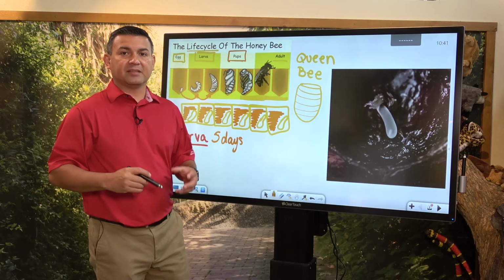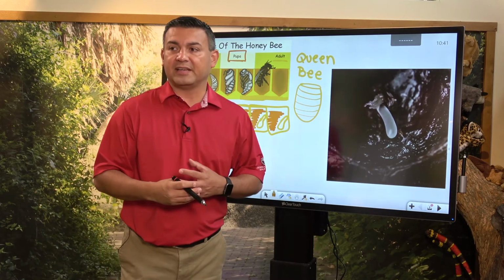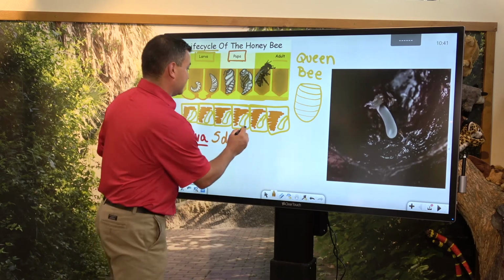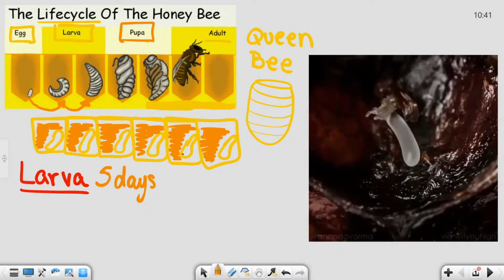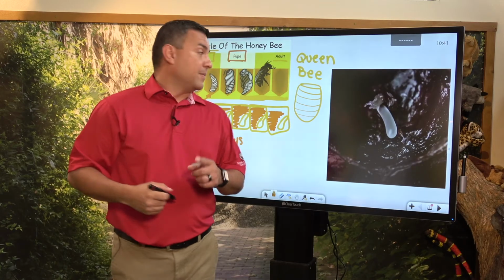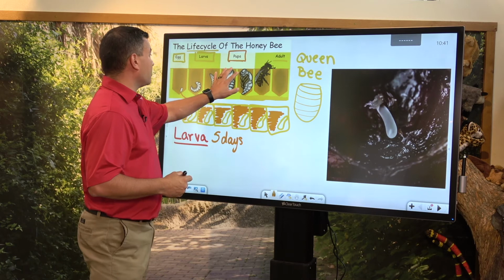And what's happening in the cells within these 5 days is that there's a royal jelly, and this royal jelly is helping the egg develop. Now, the next stage is what we call your pupa.